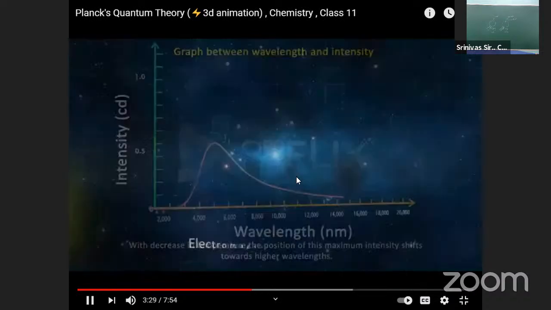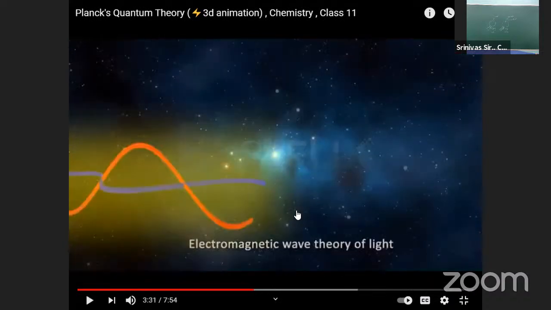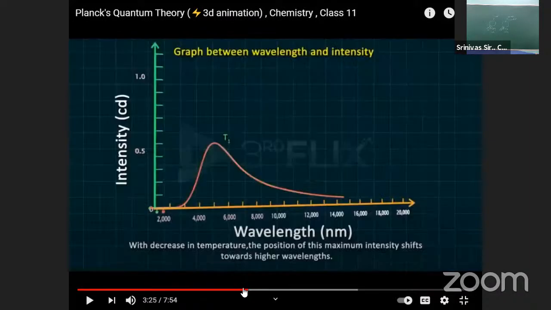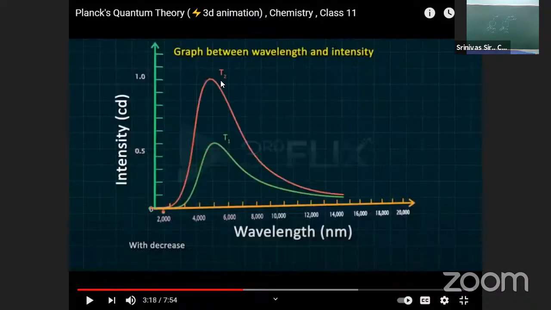He told it in a reverse way. If you understand, both mean the same. I said if you increase the temperature from T1 to T2, lambda max shifts from 5,000 to 4,000, that means higher wavelength to lower wavelength. What he said is, if you reduce the temperature from T2 to T1, lambda max is shifting from 4,000 to 5,000. Both mean the same, yes or no?